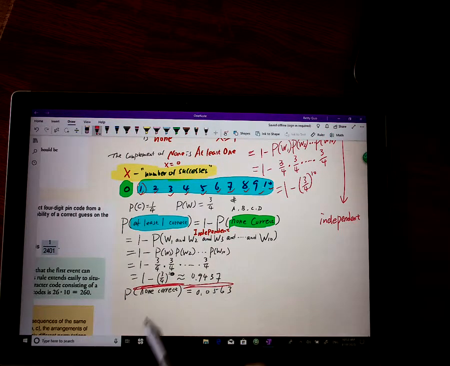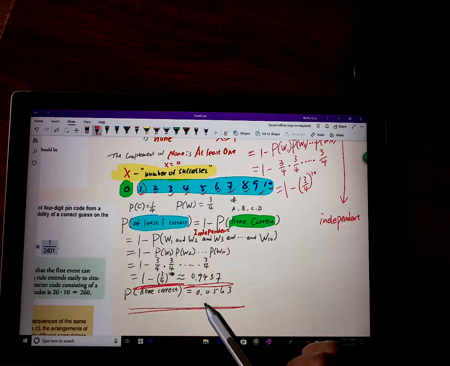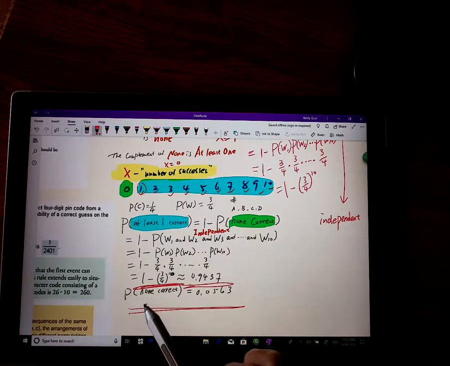Turns out, if you guess and you get none of them correctly, it is a very small probability. The complement of at least 1 is none, right? If you guess 10 questions, none of them is correct.